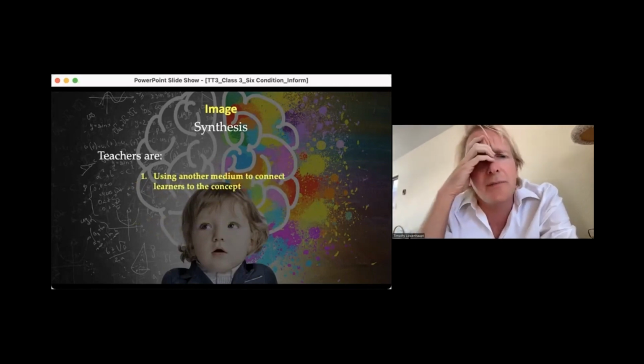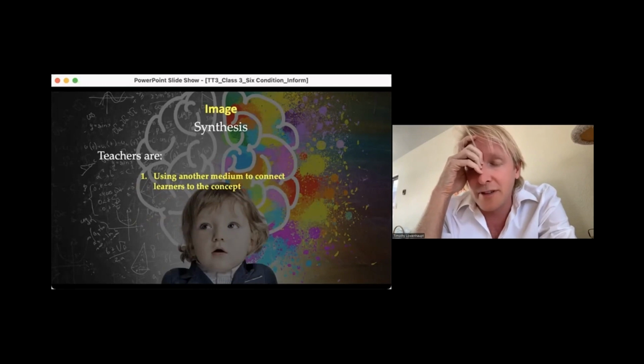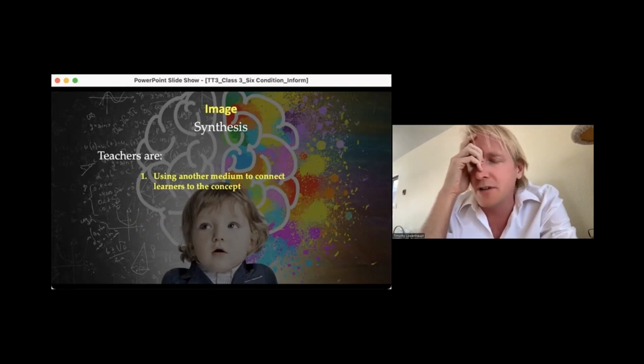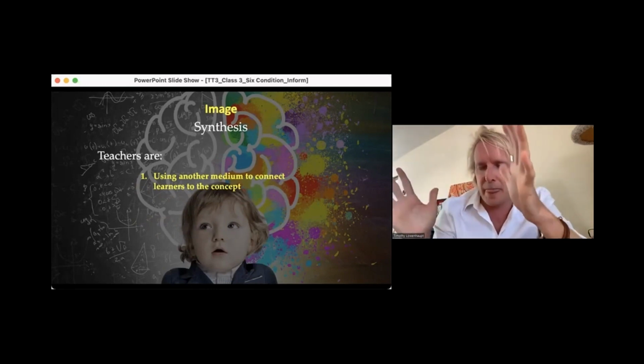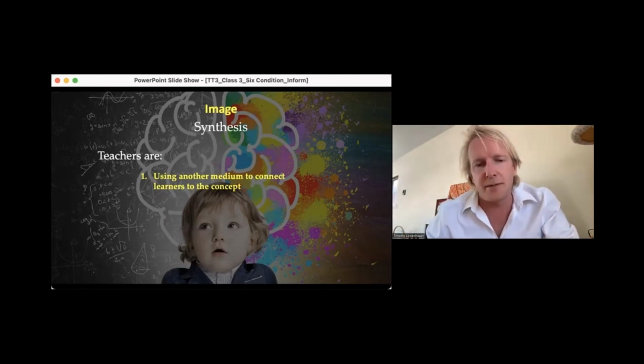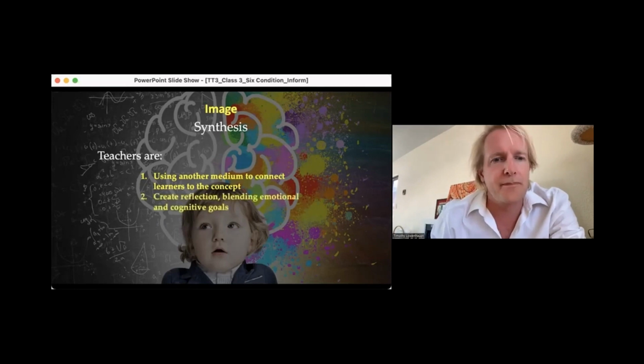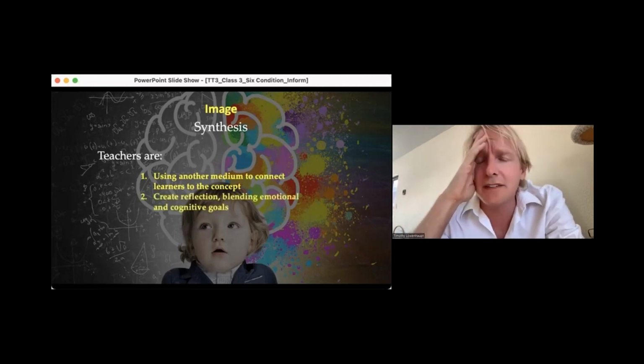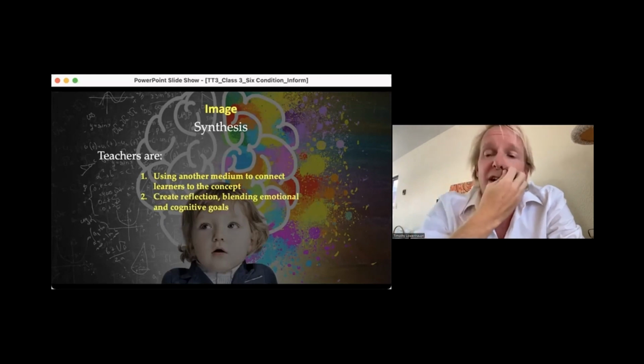You're using other medium, meaning pictures, or if you're a chef, tastes, or if you're a yoga teacher, physical assists to connect the learners to the concept. And you're also, this is the hard part and it's the fun part. You are blending emotional and cognitive goals.